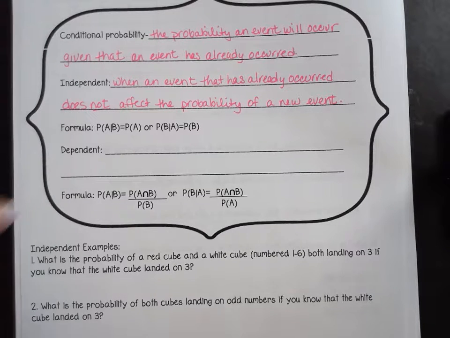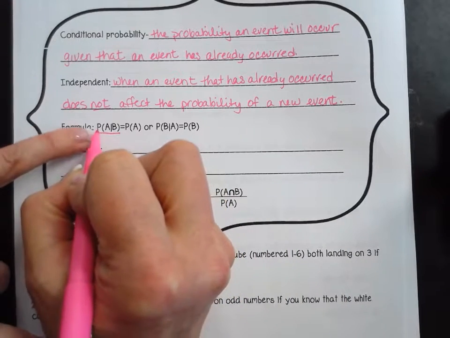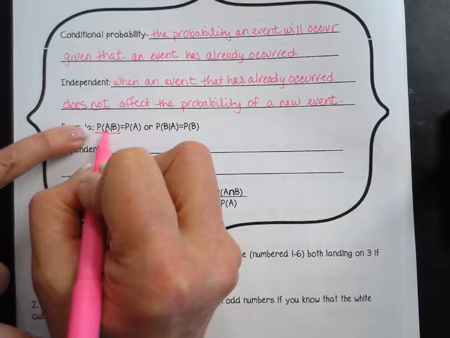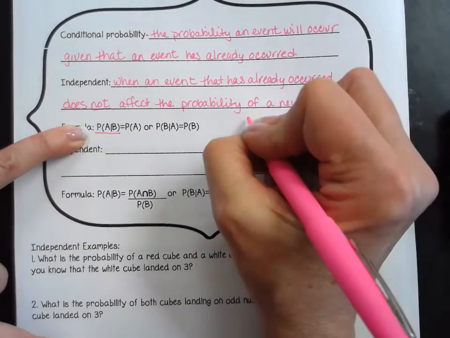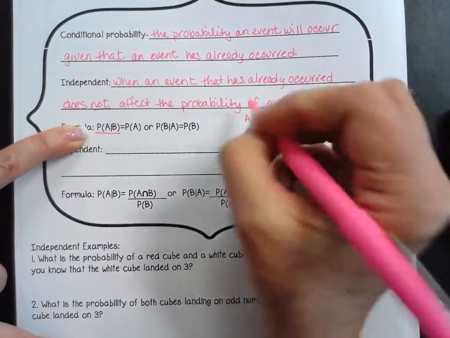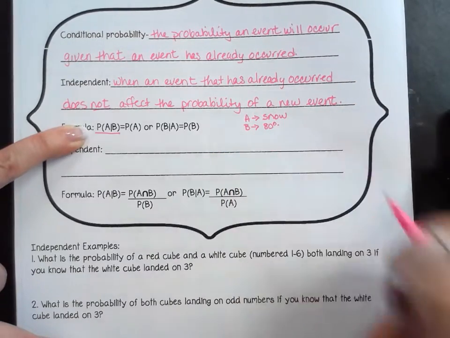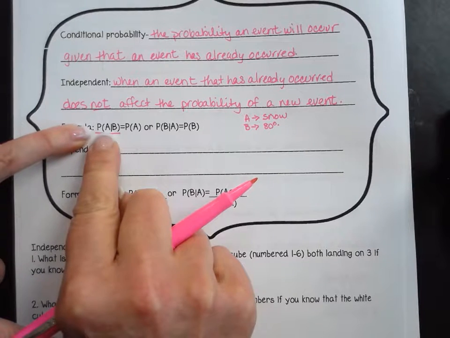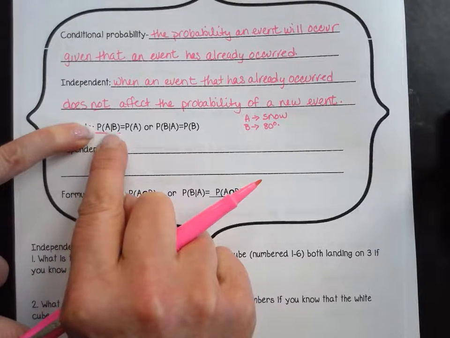If you're finding the probability, basically what this says is find the probability of A given B occurs. Okay? So if A is that it's going to snow and B is that it's going to be 80 degrees, you want to say, I want to find the probability of A given that it's going to be 80.